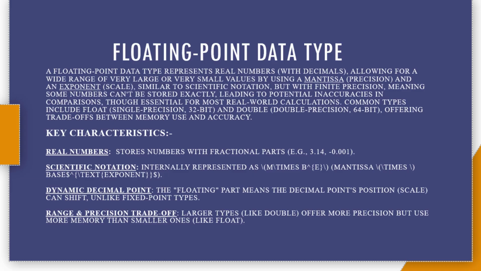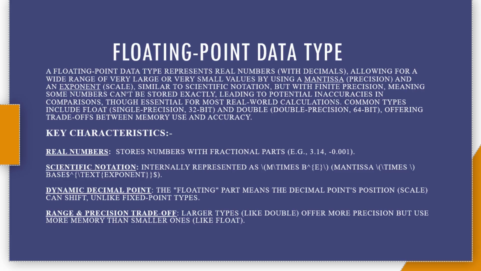Floating point numbers are modeled on scientific notation. Internally, they are stored using 2 main components: the mantissa, which holds the significant digits and defines the number's precision, and the exponent, which determines the magnitude and scale. This is why the decimal point has a dynamic position, allowing it to float around the number's digits.